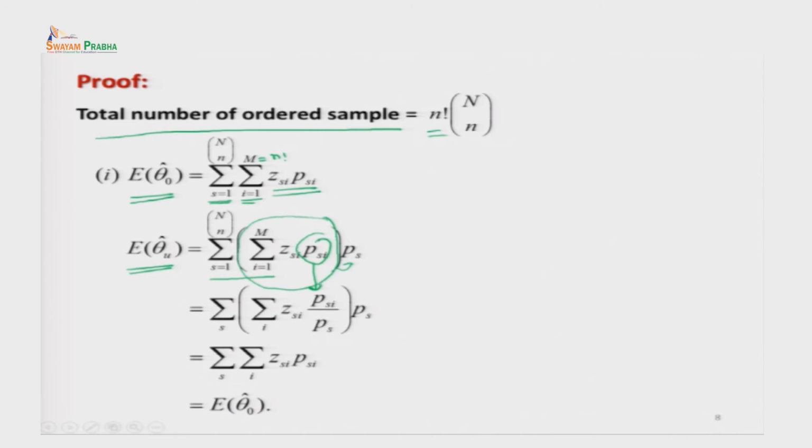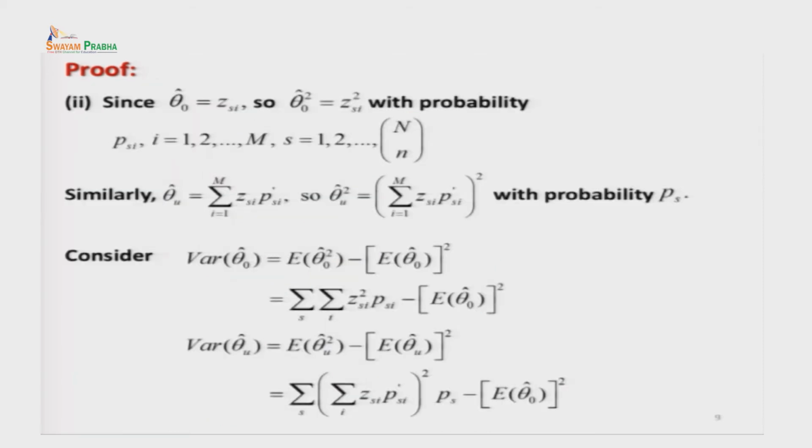The PS gets cancelled out and we have the double summation of ZSI PSI. And what is the double summation of ZSI PSI? That is the same as the expected value of theta hat 0. So you can see the expected value of theta hat u and the expected value of theta hat 0 are the same. Now I come to the part of variance.